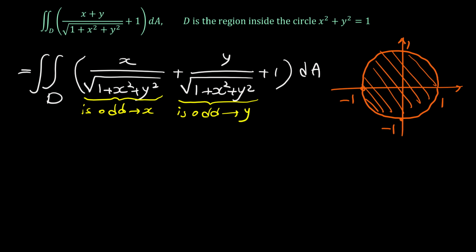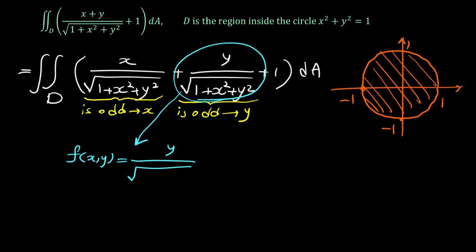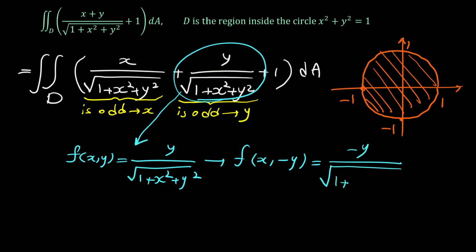Let me show you the reason. For example, why this function is odd with respect to variable y. Let me name this function f. So f is y over square root of 1 plus x to the 2 plus y to the 2. If we calculate f of x and negative y, then this function equals negative y over square root of 1 plus x to the 2 plus negative y to the 2, which is again y to the 2.